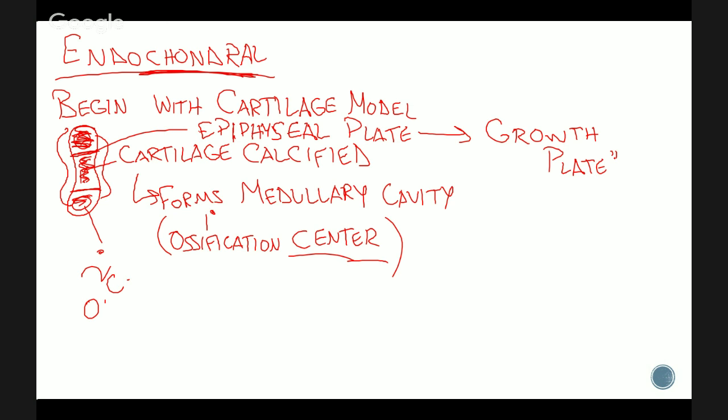So what's happening at the growth plate? Who can describe to me what happens, in your own words, what's happening at the growth plate? Yeah, so we have a resting center, right?